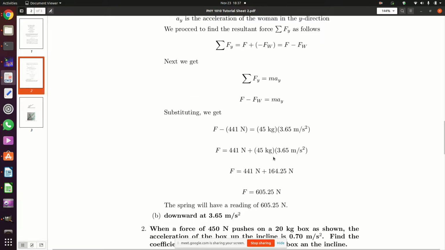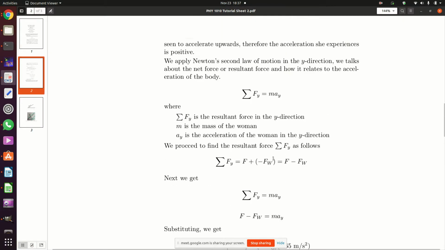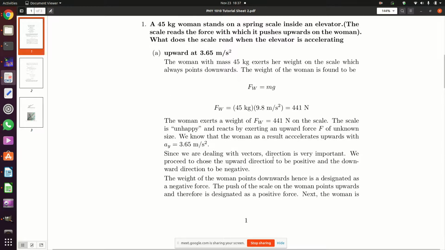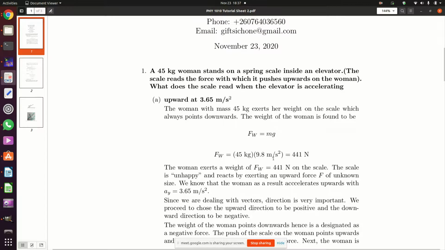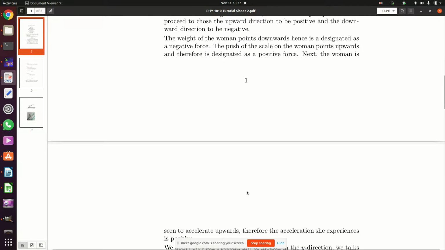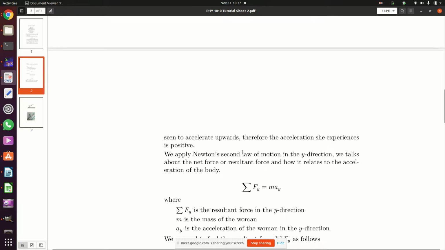Are we clear about what you have done and how we proceeded to go about this? You have to make decisions. You have to identify the forces, if there are any, because you're dealing with Newton's second law of motion. You have to identify which directions these forces are pointing in. Then you have to choose which directions will be positive and which negative.